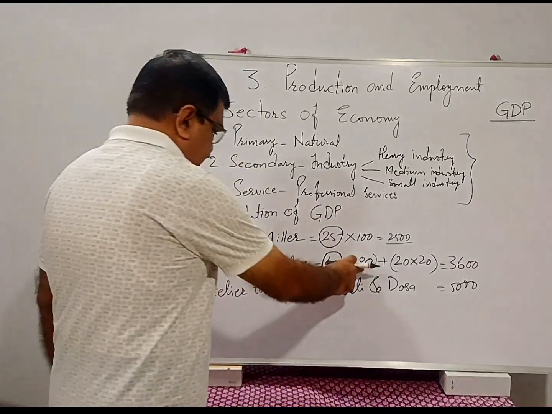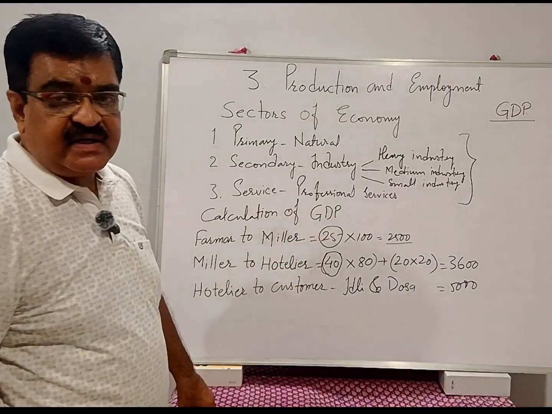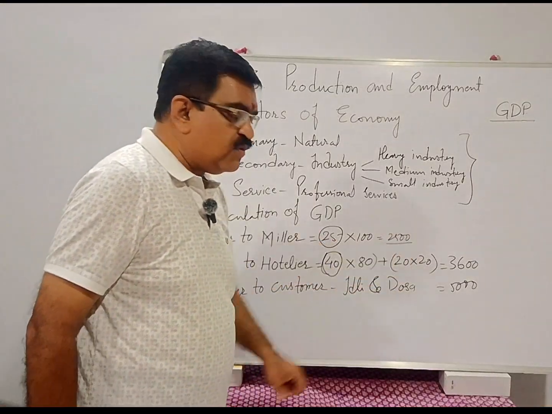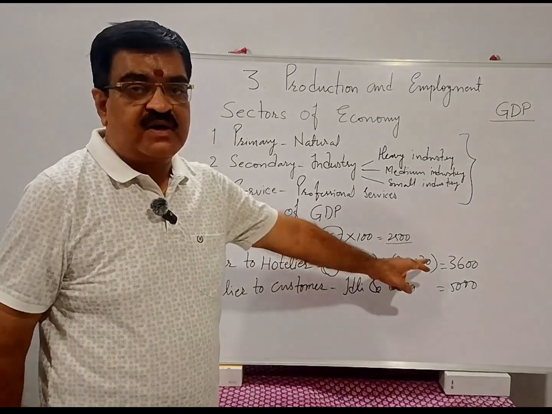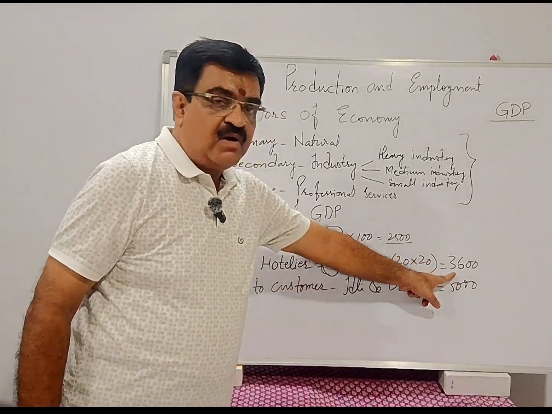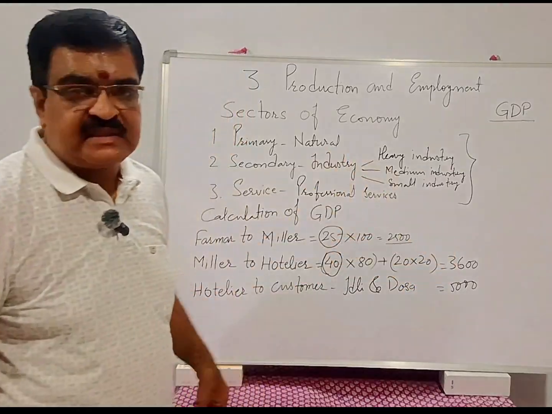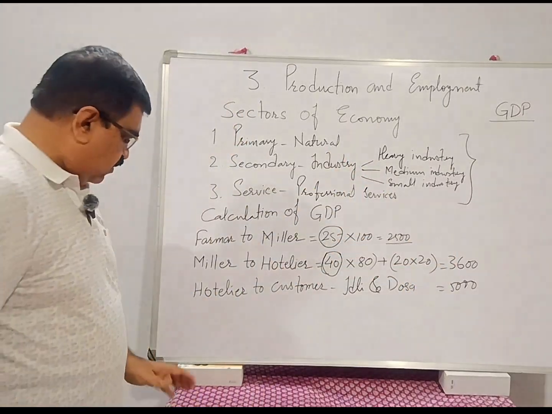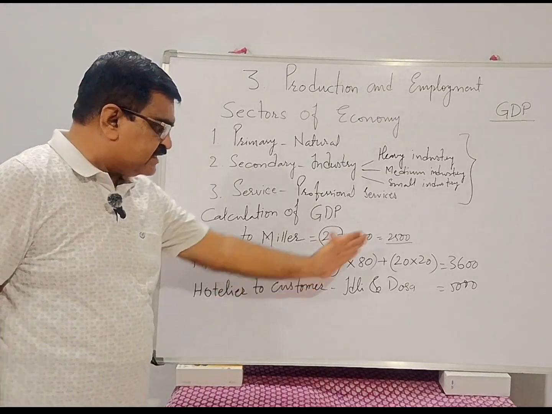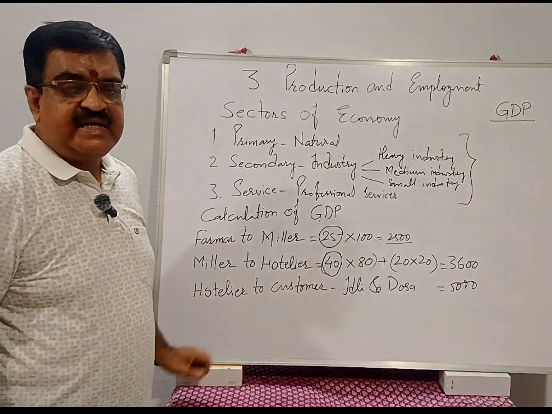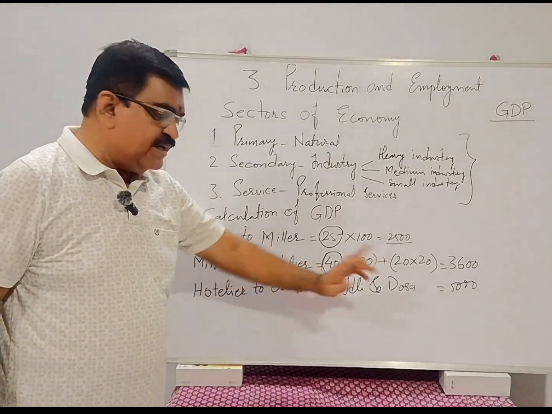Likewise, 80 into 40 is 3,200 and 20 into 20 is 400. So 3,200 plus 400. How much did the rice miller get from the hotelier? 3,600. Now, what did the hotelier do? The hotelier has taken this rice and husk, and he has used this rice for preparing idli and dosa.